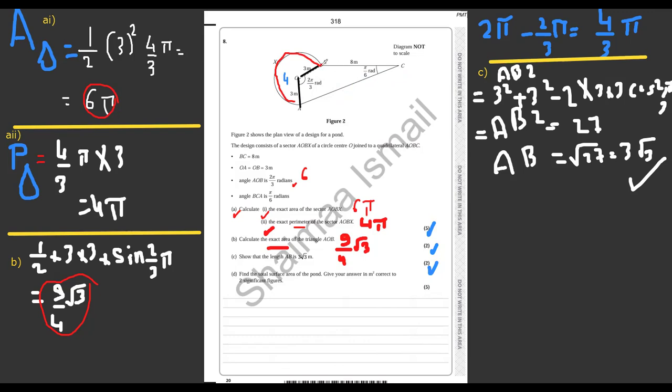You can say that sine of angle BAC, this angle, divided by this side, so you can say like this.